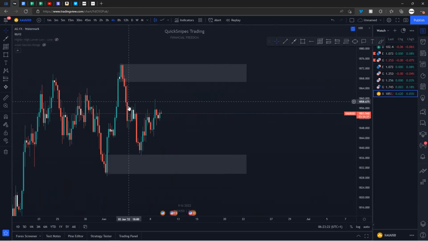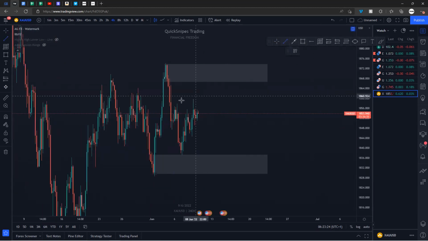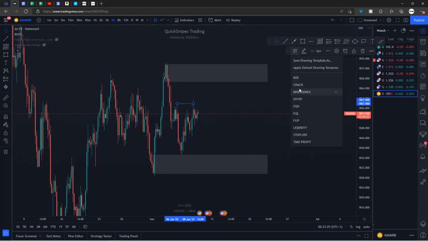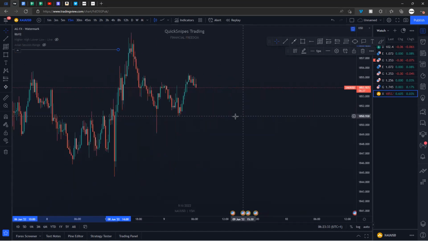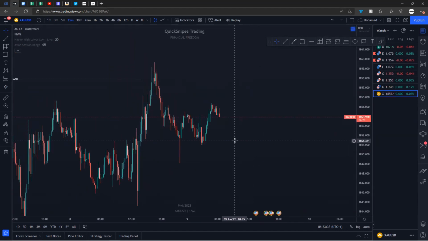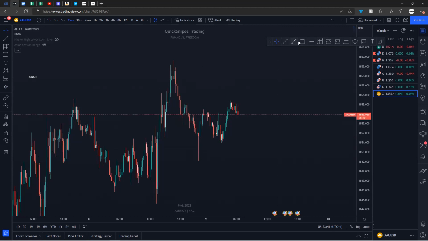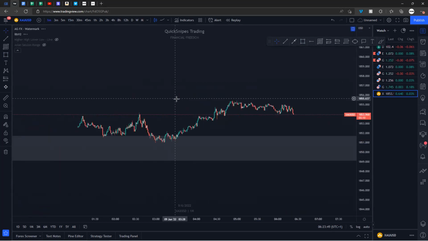So what could price be potentially looking to do? So I've seen a 4-hour change of character, dropping on to 15-minute. I'd like to see price play off of potentially this wick, which it has, but could it go lower? We need to find out on lower time frames if there's more order blocks to be tested.